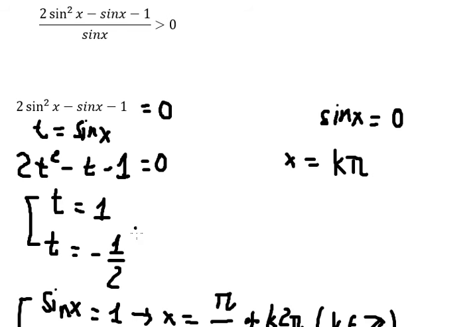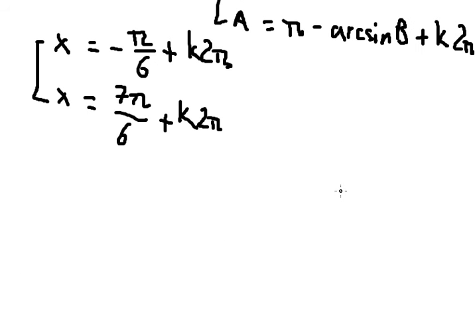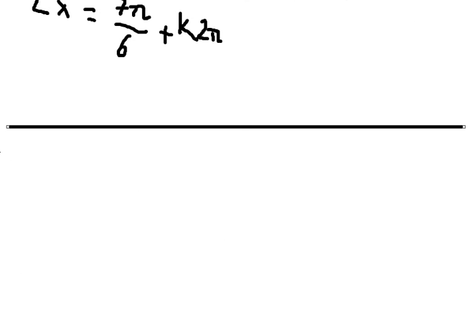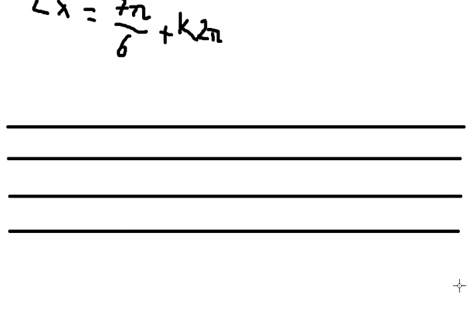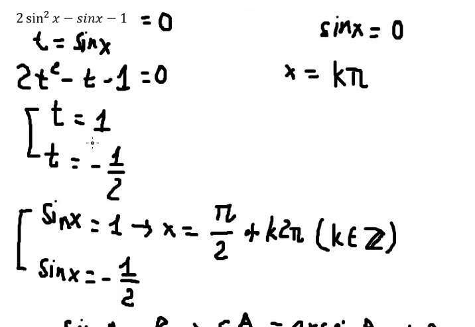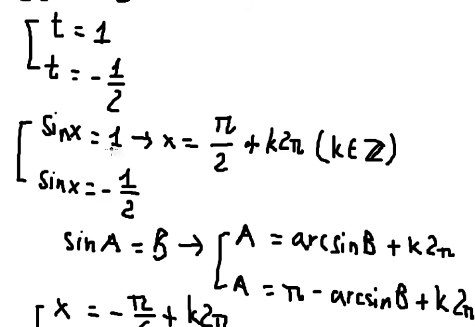Now, after you have everything, we can draw the table. We need to start from negative 2π to positive 2π. We have sin x equals 1 and sin x equals negative 1 over 2.